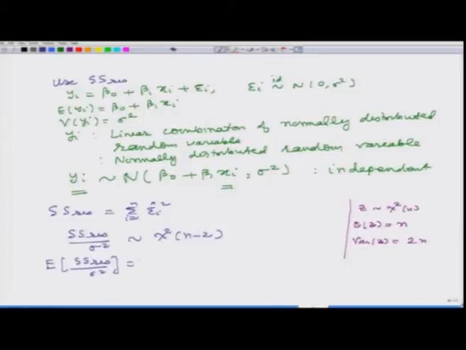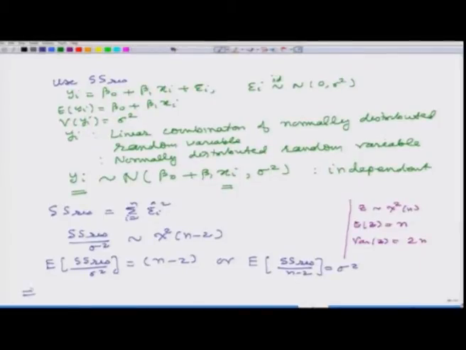This is following a chi-square distribution with n minus 2 degrees of freedom. So, its mean is going to be n minus 2. And so, I can write down here expected value of SS res divided by n minus 2 is equal to sigma square.